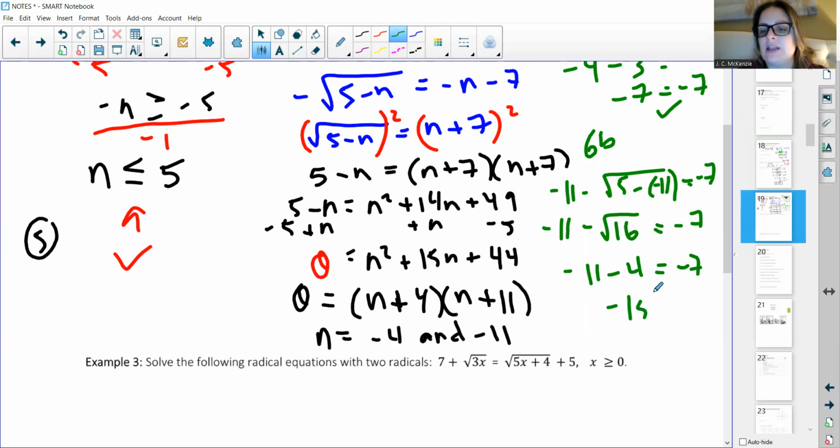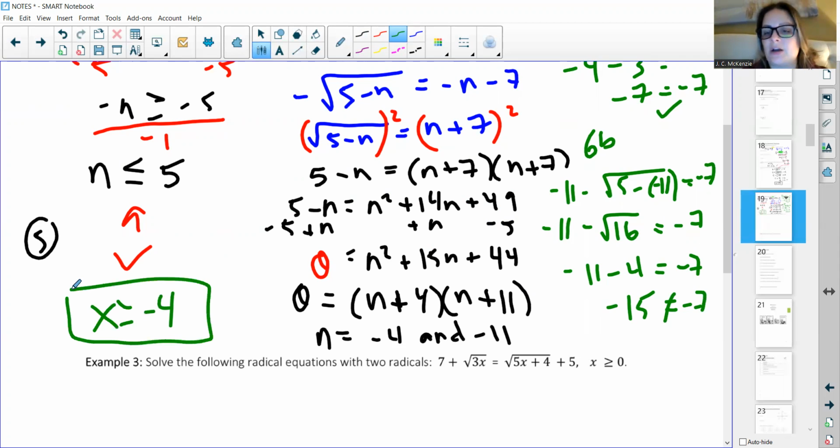And of course, negative 15 does not equal negative 7. So negative 11 is not a solution. Our only solution is n equals negative 4. We discard the negative 11 solution because it doesn't work.